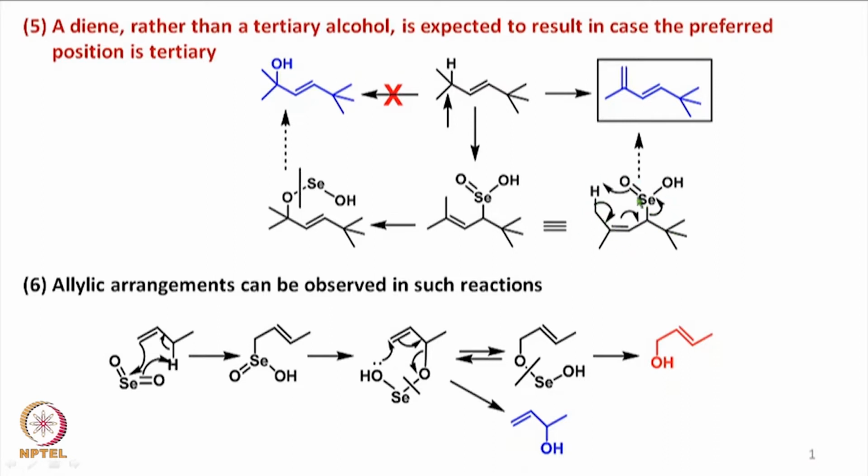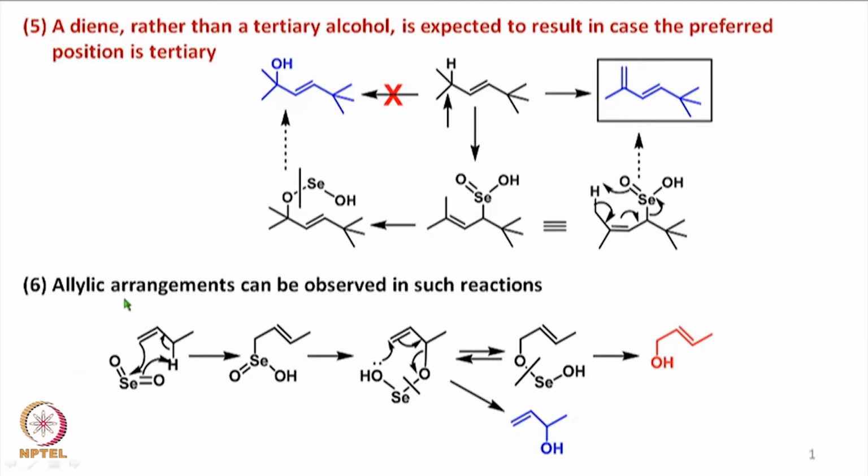Such a rearrangement can occur to form this conjugated diene, and this particular conjugated diene is stable thermodynamically because it is conjugated, and also any activity at the tertiary position of course involves steric hindrance.